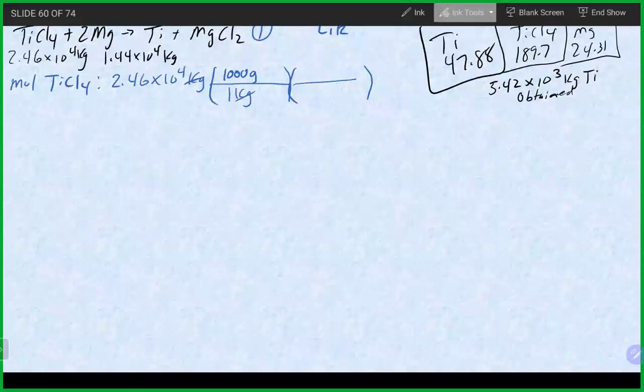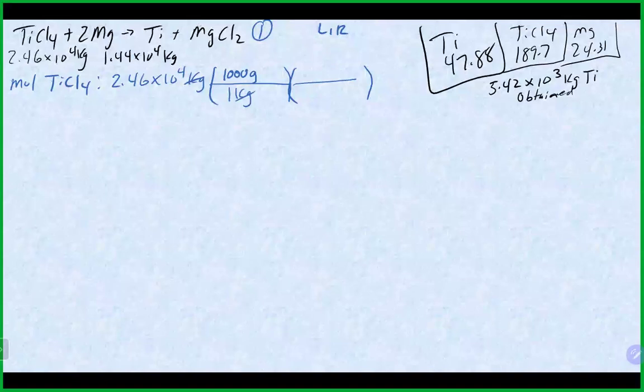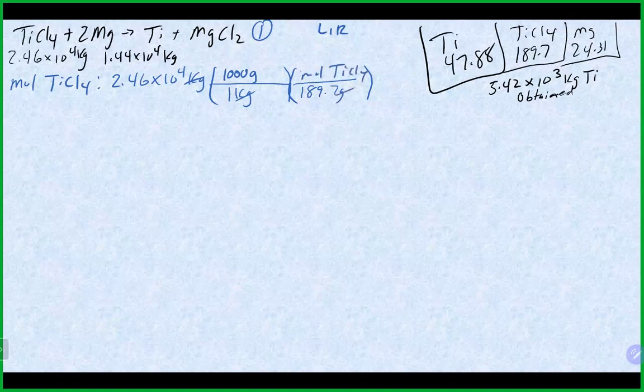Try that again. There we go. All right, so we want our grams on the bottom so they cancel, and moles up on top. Grams cancel, and that gets us here for our TiCl4. Make sure you use your exponent button, times 1,000 and divided by 189.7. Looks like I'll call it 1.30 times 10 to the 5.